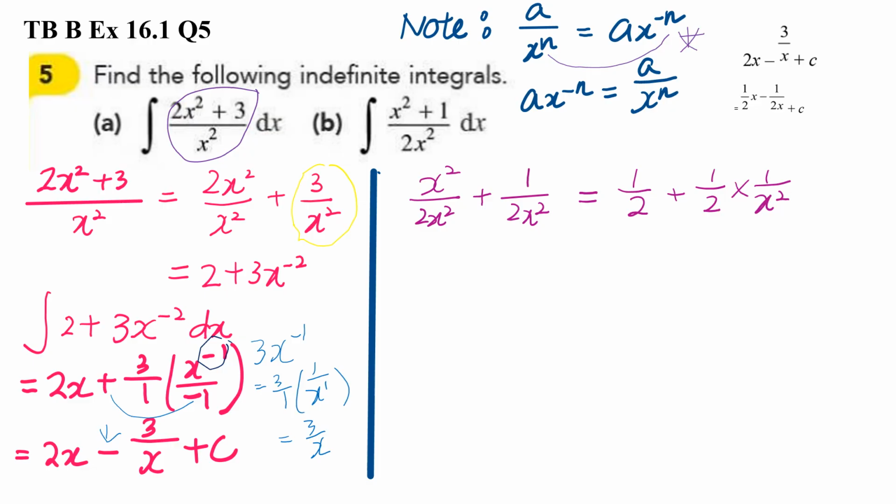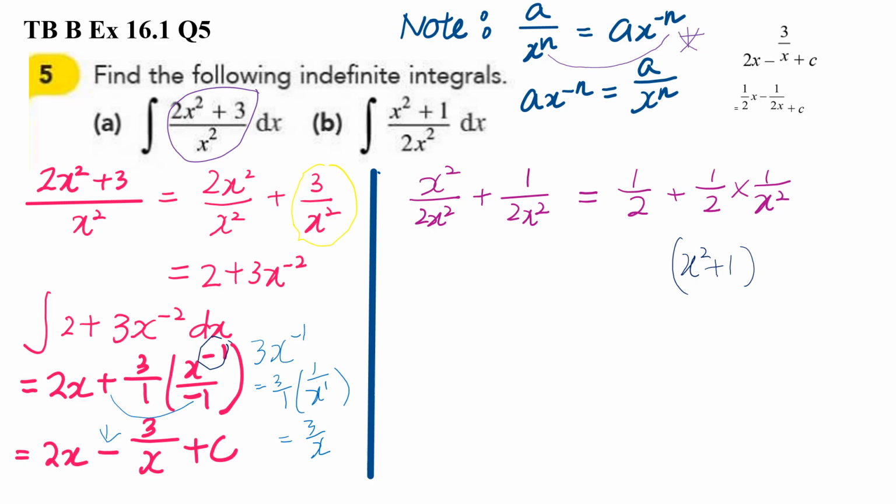Okay, if you are not using this method like what I've done, some of you prefer to do it this way, then you have to watch out. What do I mean by watch out? You have to bracket this whole thing, bracket it. You need to bracket it. Okay, because if you don't bracket it right, some of you may end up getting the wrong answer.